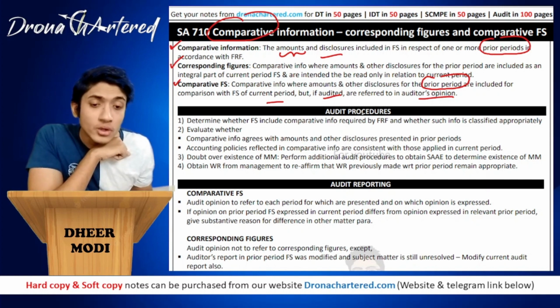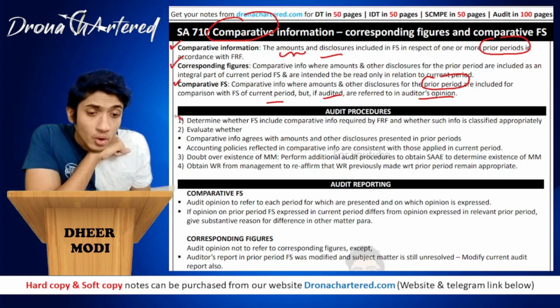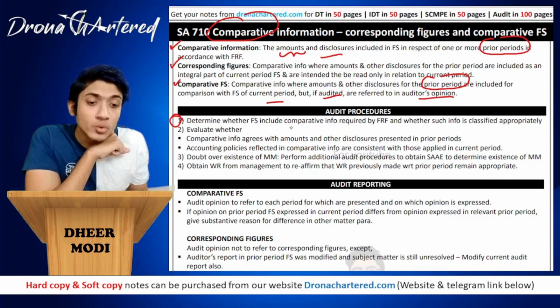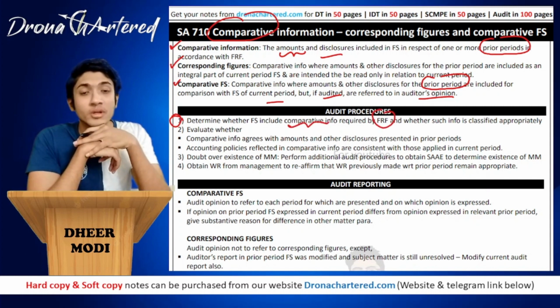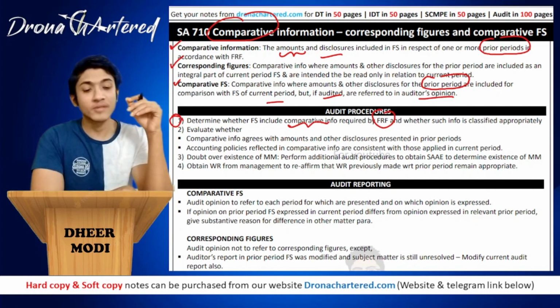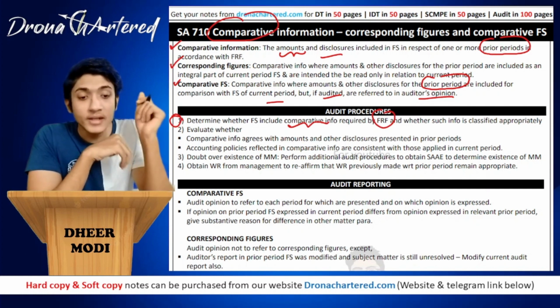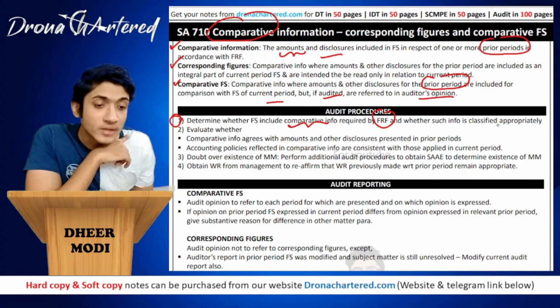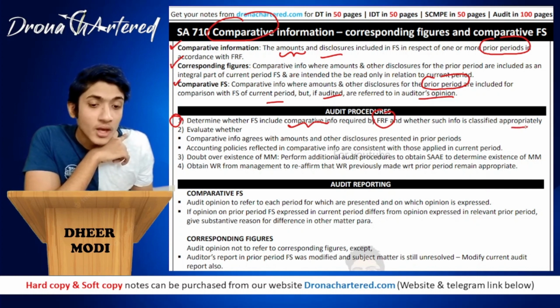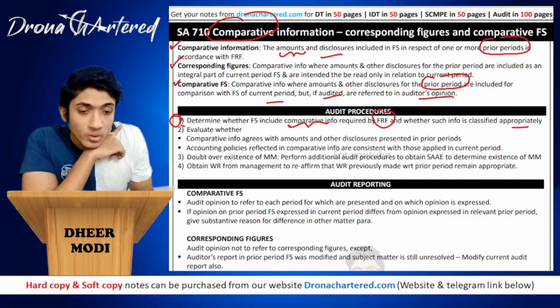Okay, so now what are your audit procedures? Number one, you will have to determine whether the financial statements include comparative information as required by your financial reporting framework. That is, whatever my financial reporting framework has defined, is that included or not, and whether such information is classified appropriately. Okay, now what is next?